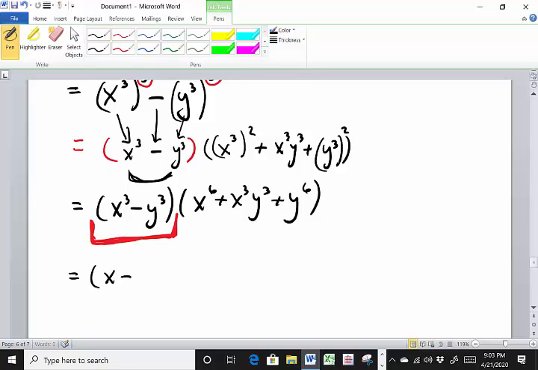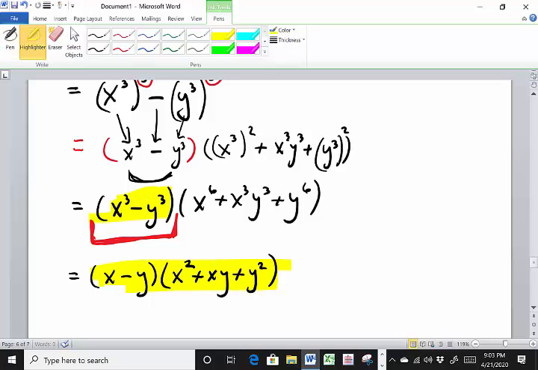So this is just x minus y times x squared plus xy plus y squared. Okay, so this right here factors to this. And then, of course, we have to rewrite this down here. So it's times x to the 6th plus x cubed y cubed plus y to the 6th.